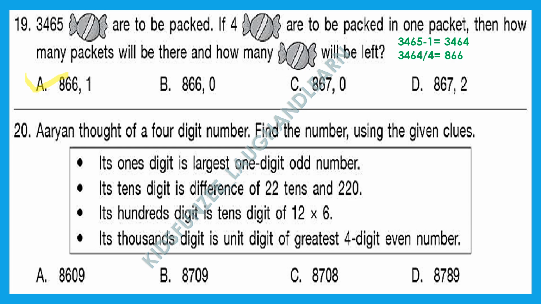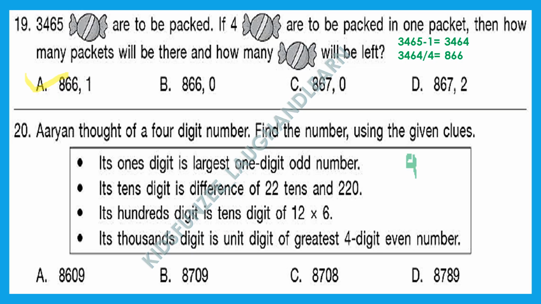Aryan thought of a 4-digit number. Find the number using the given clues. Let's see the clues. Its 1's digit is the largest 1-digit odd number. Okay, so do you know which one is that? It is 9, right?